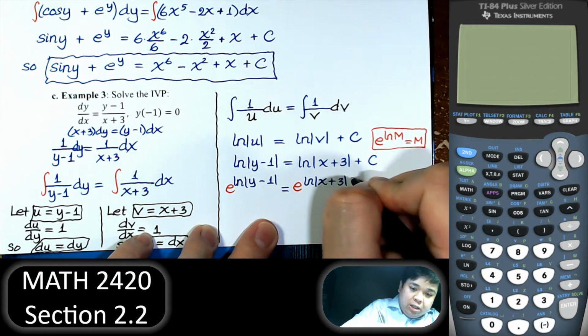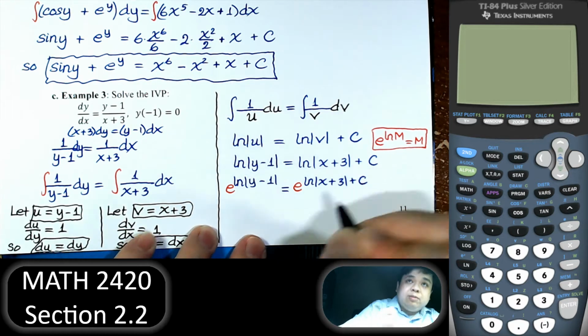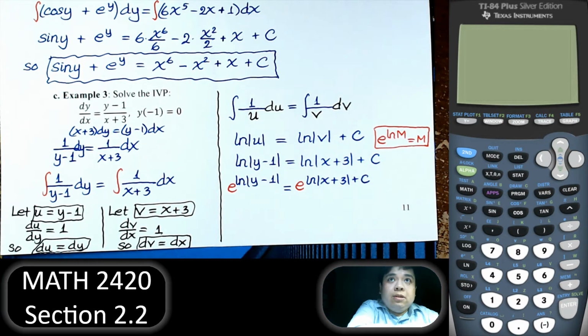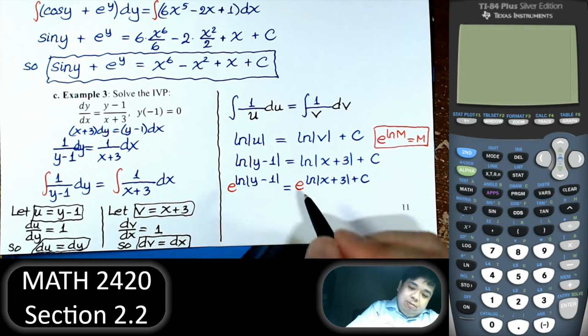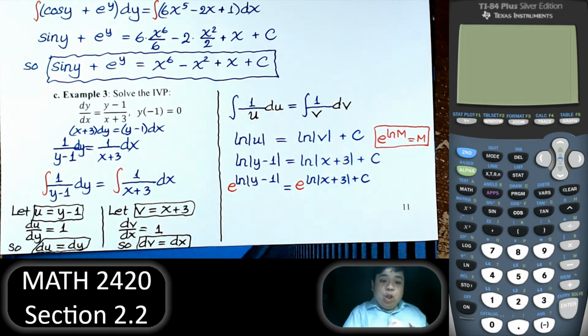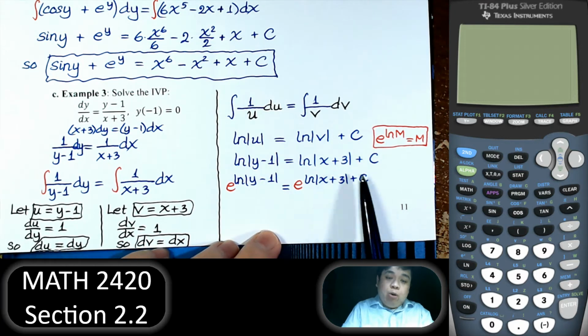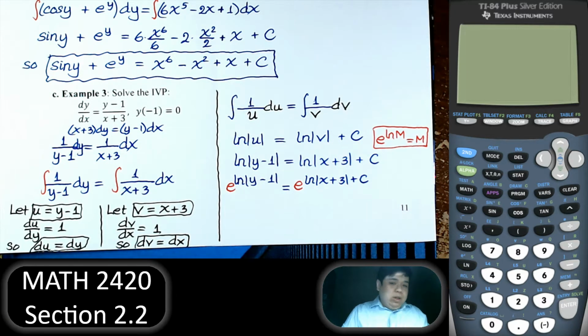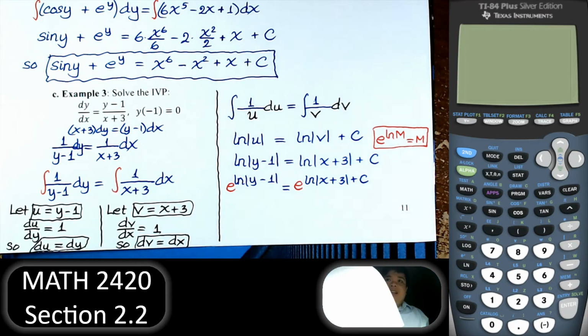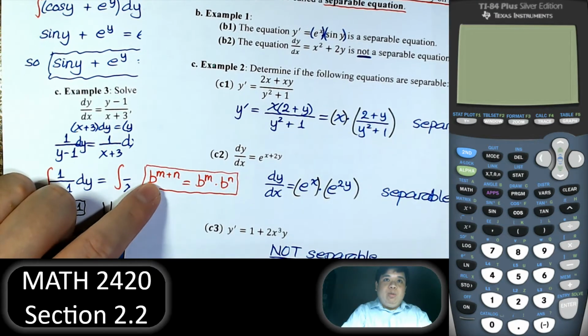Notice the c is in the exponent as well. Right? Now the e and ln cancel out. But what happened to the plus c? Well, we cannot cancel that directly. But we did have that property earlier, right? And I did say that we use this more than a few times.